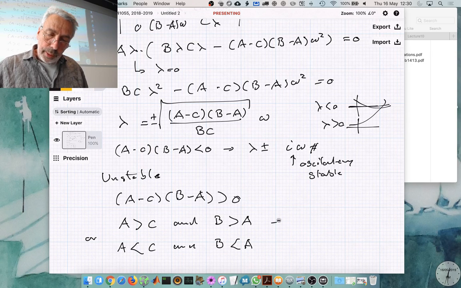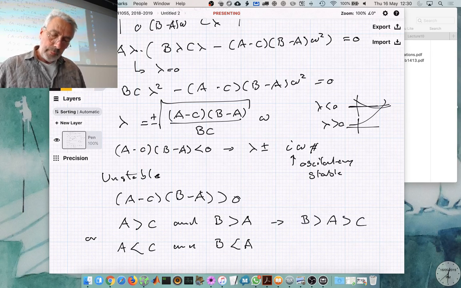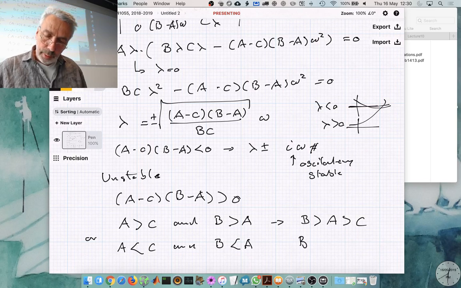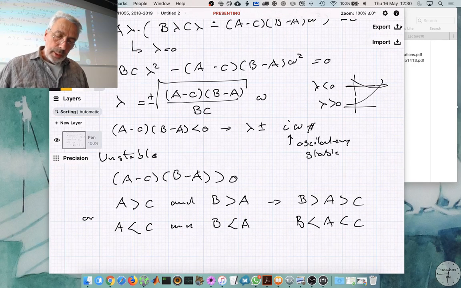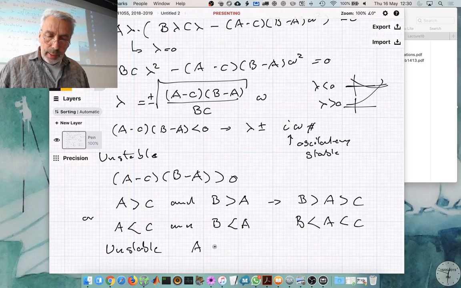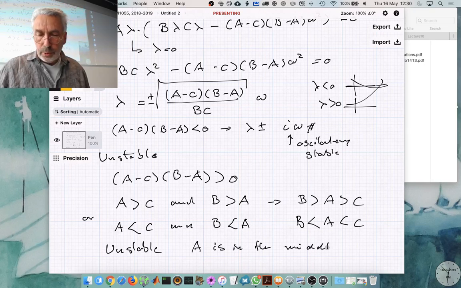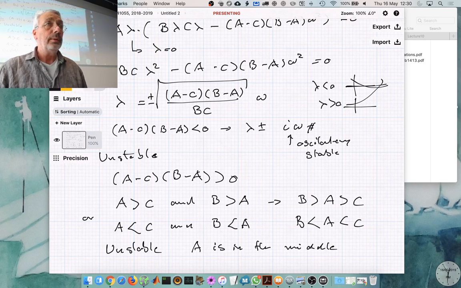So if we rewrite this, we get BAC, and if we rewrite this, we get BAC. So we see it's unstable. When is it unstable? When A is in the middle. And A was the axis of rotation, right? Our omega was about A.